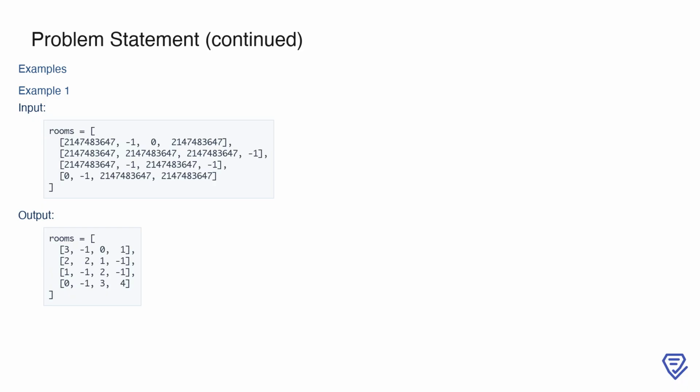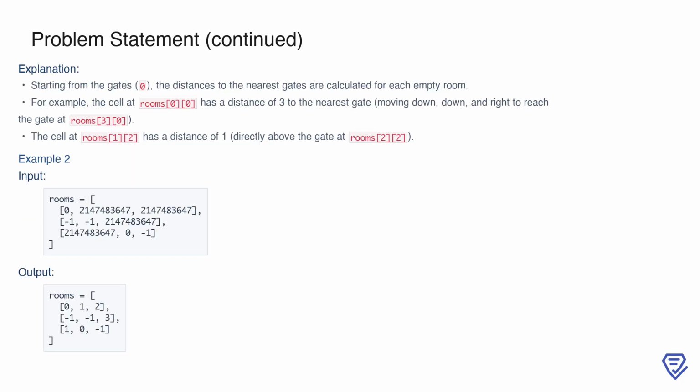After processing the grid, the output would look like this: 3, -1, 0, 1, 2, 2, 1, -1, 1, -1, 2, -1, 0, -1, 3, 4. Each number in the resulting grid represents the shortest distance from that cell to the nearest gate, while walls remain unchanged at -1. Here's an explanation of how the distances are calculated in the first example.